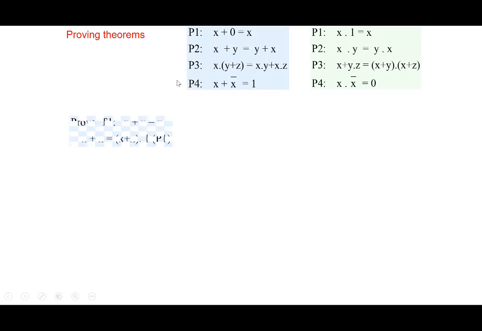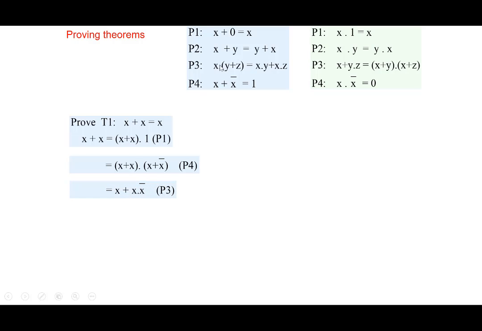So for example, just for the sake of completeness, say you want to prove x plus x is equal to x. So x plus x can be written as x plus x dot 1. We use this postulate, dot 1. These are with respect to the OR operation, and these are with respect to the AND operation. Then 1 we could write as x plus x bar, using P4.